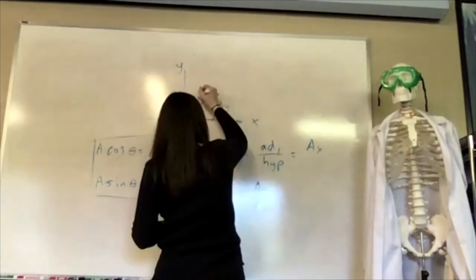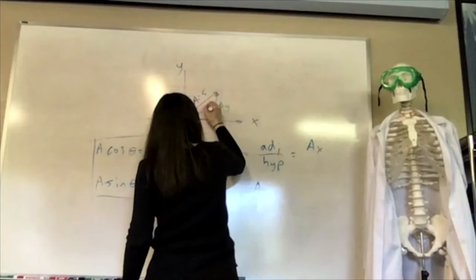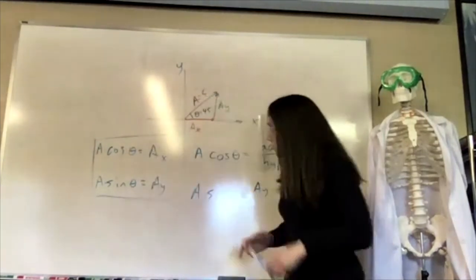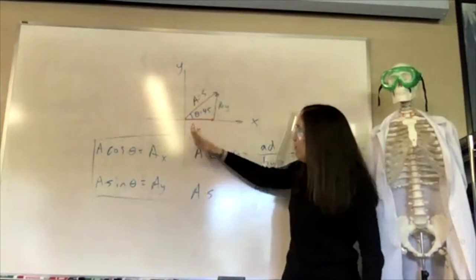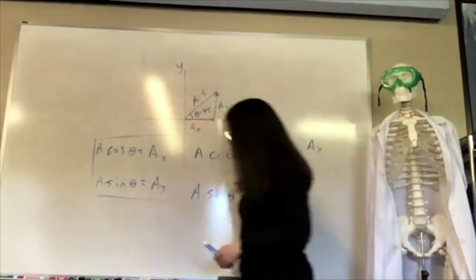So let's say that the vector equals 5 and the angle is 45 degrees. We want to know how far horizontal does it go and how far vertical does it go.